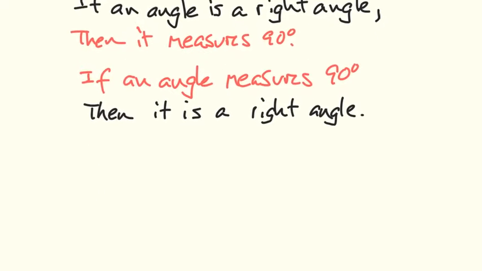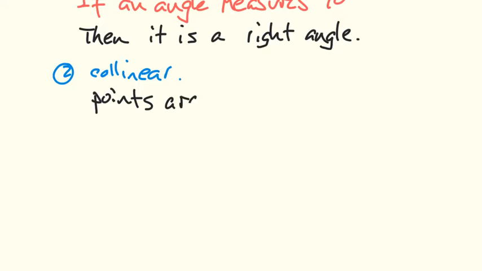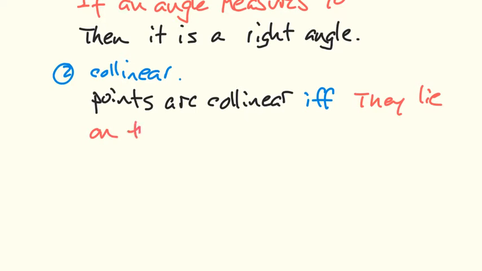All right, let's look at a couple more examples. Next we have number 2, collinear. So our definition for collinear points anyway, is: points are collinear if and only if they lie on the same line.